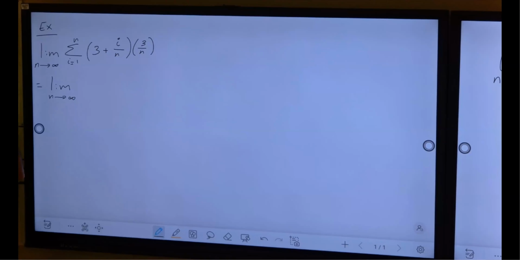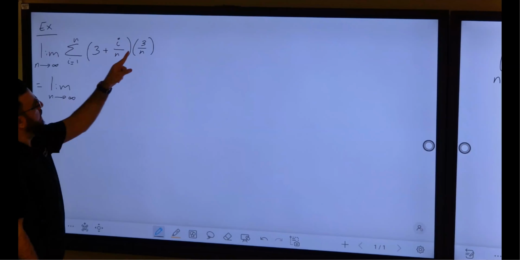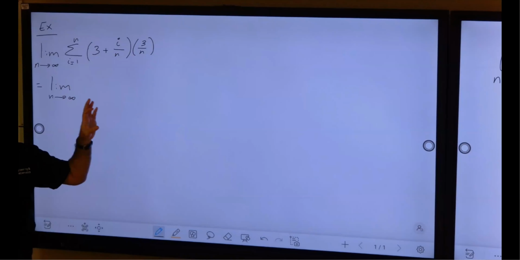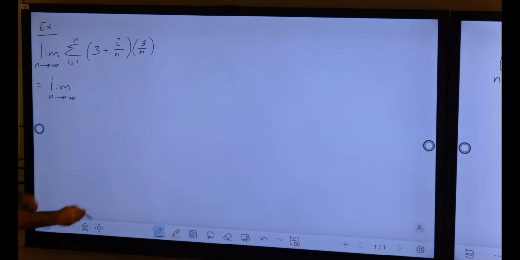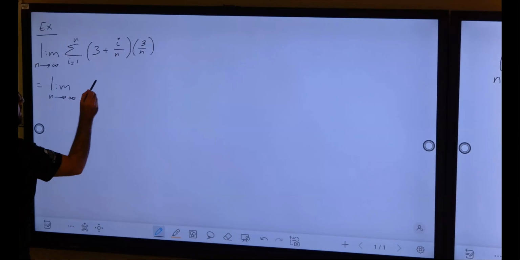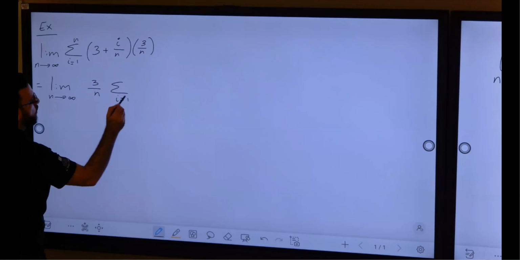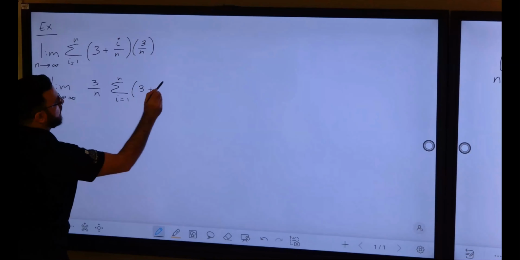Now I'm going to look at this summation. I can't do anything here with the 3i over n, but it's times 3 over n. 3 over n is a number divided by the last term. Can I take it out of the summation? So I'm going to say, okay, for this part, it's 3 over n, summation from i equals 1 to n, and here is 3 plus i over n.